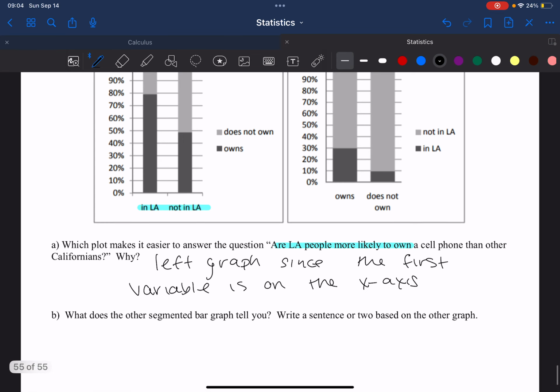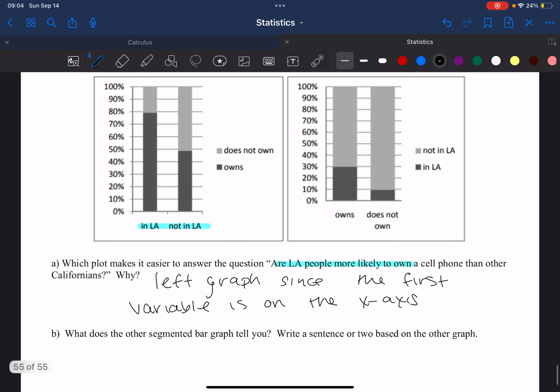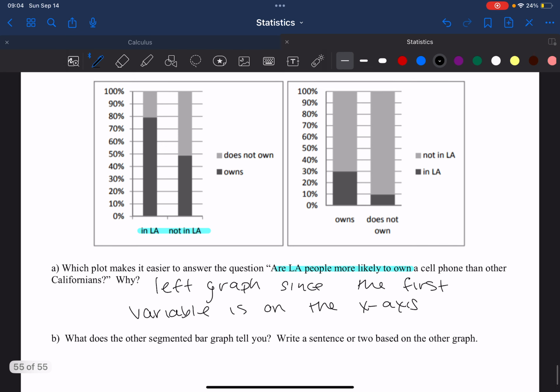Then it says, what does the other segmented bar graph tell you? Write a sentence or two based on the other graph. So if the first graph is telling us, are LA people more likely to own a cell phone, and they had LA versus not in LA in the x-axis, and ours have owns and does not own, we should probably start our question with if you own or if you do not own a phone.